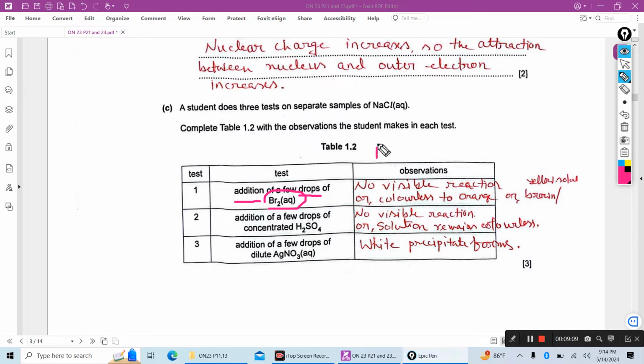So if bromine is added to sodium chloride, no reaction occurs, because aqueous sodium chloride solution is colorless. There is no color. Bromine is less reactive than chlorine, so here no reaction occurs.